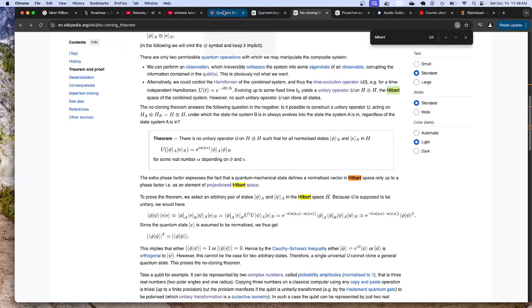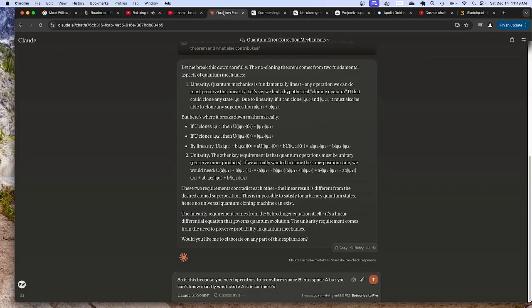The time evolution operator for a time independent Hamiltonian.